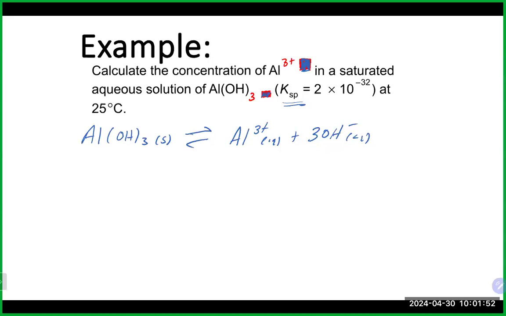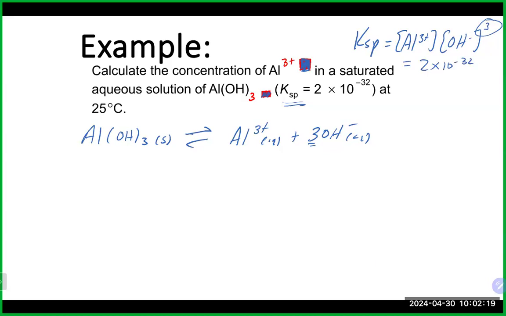We could write our KSP expression for this, which will be just our products as our reactants are solids. So we have aluminum, we have hydroxide, and we do need to make sure that we cube it because of the coefficient. That would equal the KSP that they gave us, which was 2 times 10 to the minus 32.